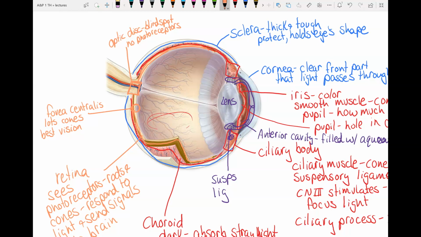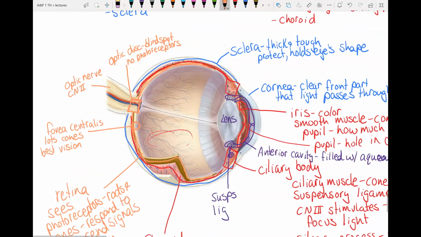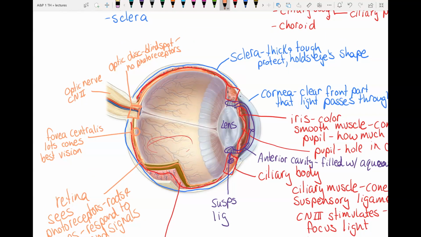But we'll actually do an activity in lab where you'll find your blind spot. This is your optic nerve. So cranial nerve 2. The optic disc occurs where the optic nerve is. And this is the only place at the optic disc where the retina is attached.